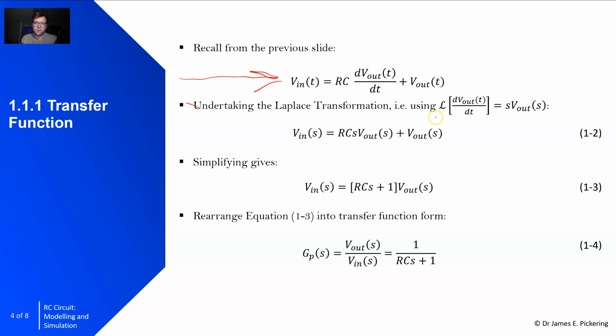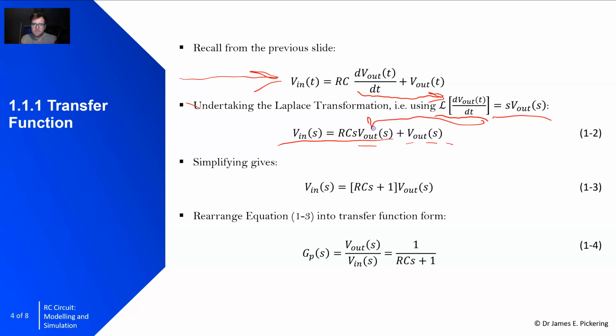So if you recall the Laplace transformation of a first derivative, in this case, you can see the notation is dv out of t over dt is equal to s, because d over dt becomes s, and then V out of s, so the t effectively is replaced by s. And then you can see the transformation here.